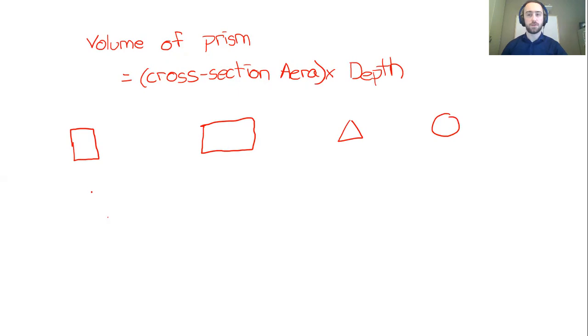And now we know how to calculate the area of our two-dimensional shapes, right? So the area of a square is simply the side squared, right? Side times side. The area of a rectangle, we know to be length times width. The area of a triangle, we know it to be 1/2 base times height.